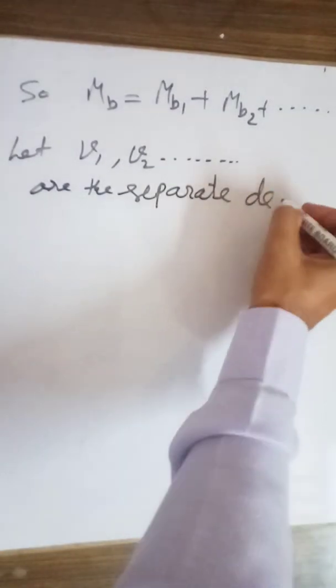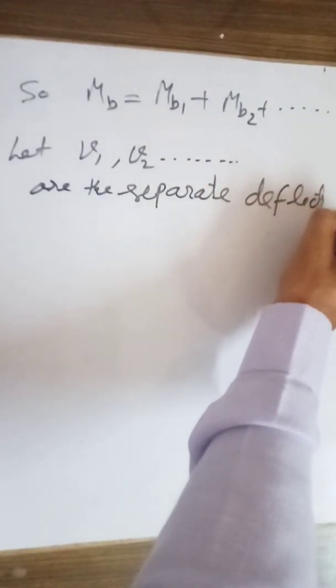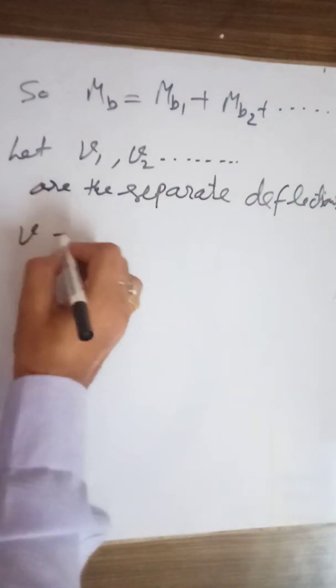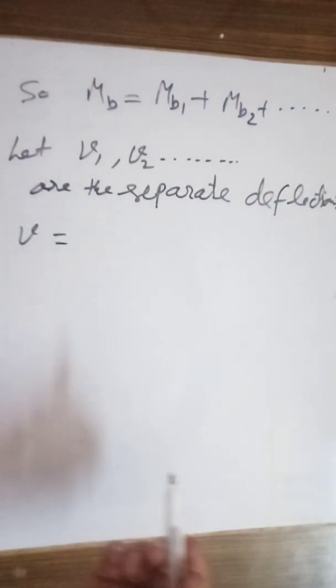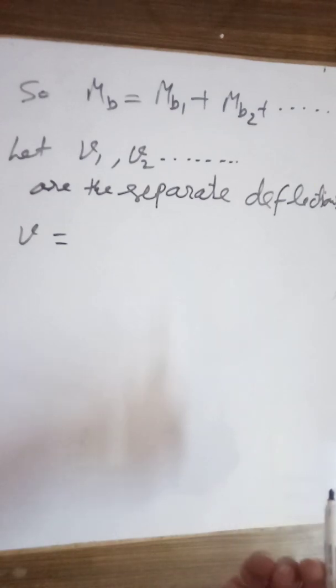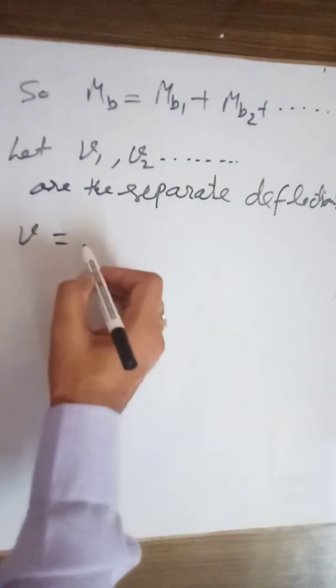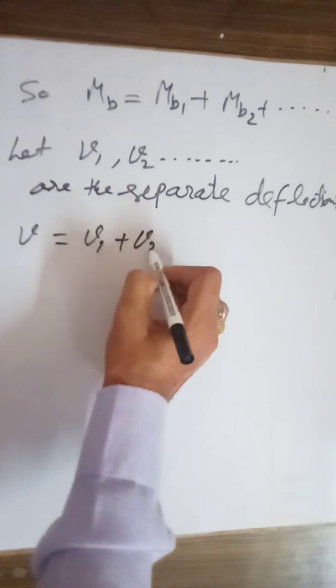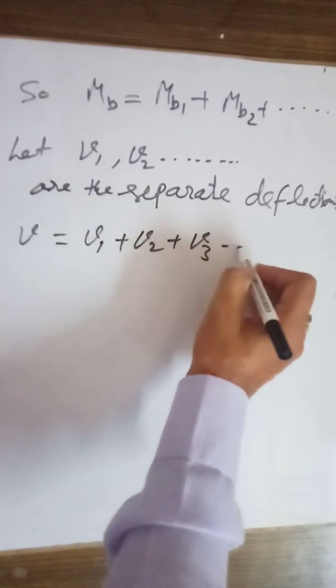The total deflection is the sum of all the deflections due to loads 1, 2, 3, 4 and so on. So we can write v, as we have considered here the deflection, equals v1 plus v2 plus v3 and so on.